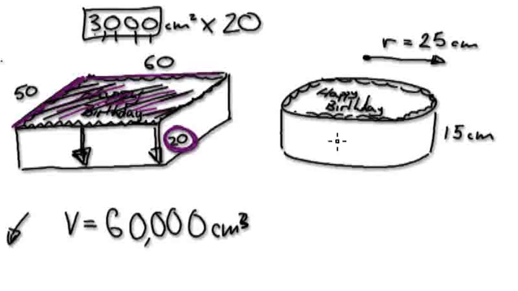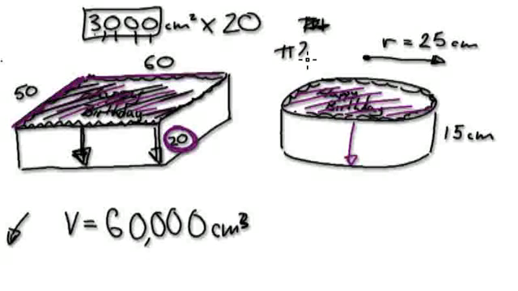Now let's work out the volume of this cylinder cake here. Work out the area at the top of the cake, and then drag it all the way down here. So the area at the top of the cake is pi r squared, and r is 25, so pi times 25 squared.